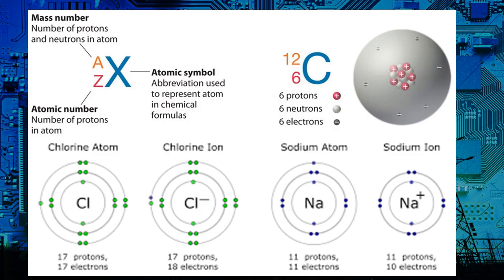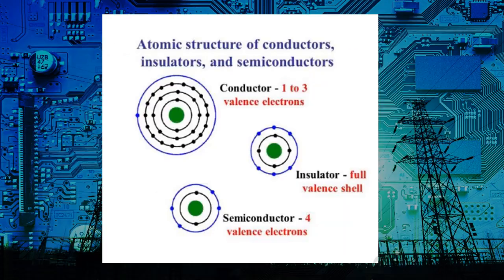That's when the number of protons and electrons are not equal, because that atom is already unstable when it loses or gains electrons, and it's no longer neutral or stable.